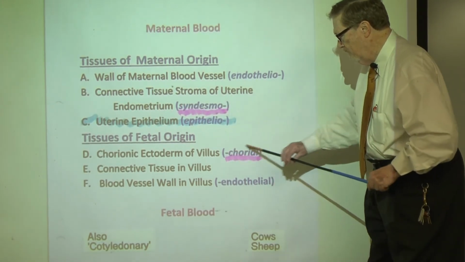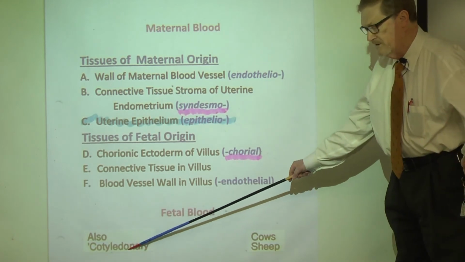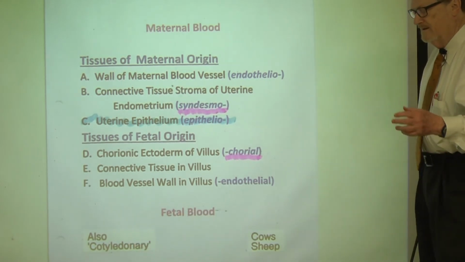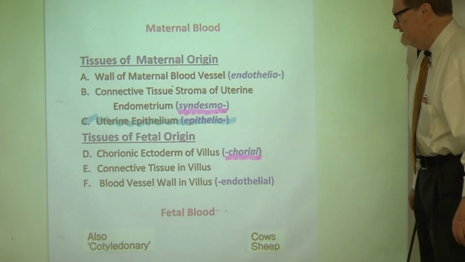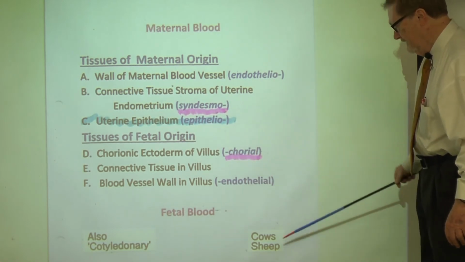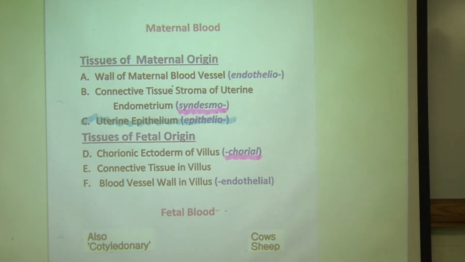Syndesmochorial is the name, or cotyledonary if we're talking about the shape, the way that the villi are arranged on the surface. Syndesmochorial, and that's in ruminants, cows and sheep. Okay. I told you there are going to be 5 of them. They get more complicated as we go along. Here's another, the third type.